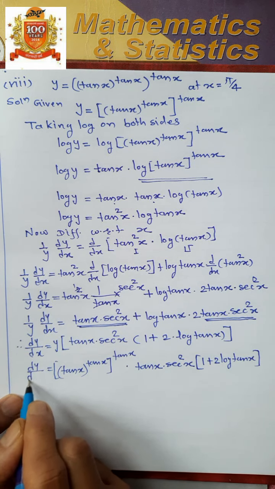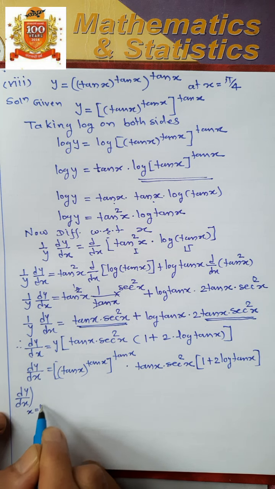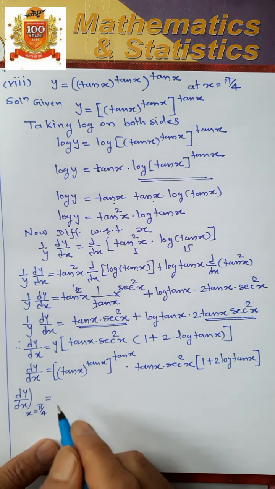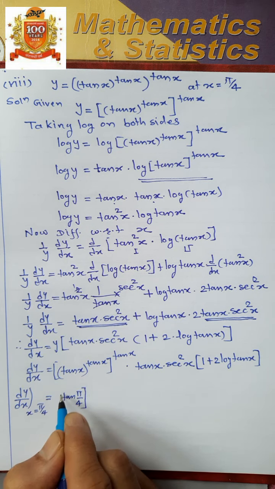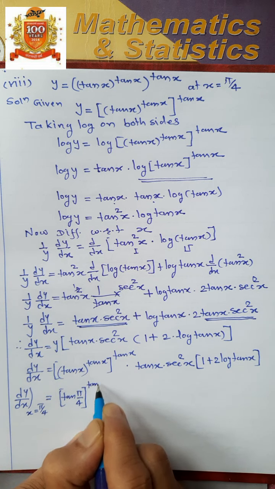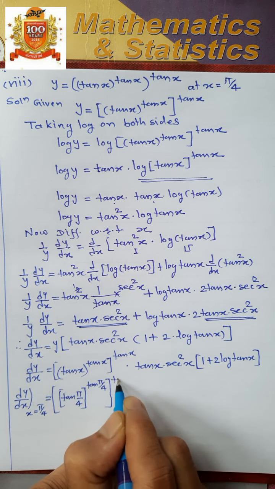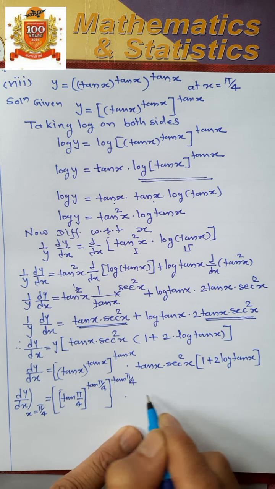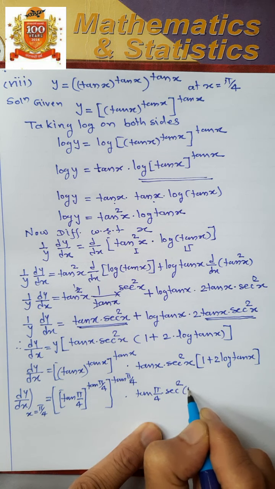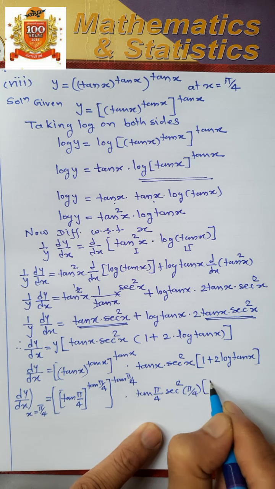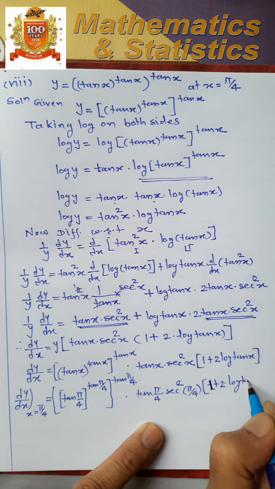Now dy by dx at x is equal to pi by 4 is equal to tan pi by 4 raised to power tan pi by 4 raised to power tan pi by 4 into tan pi by 4 into sec square pi by 4 into 1 plus 2 log of tan pi by 4.